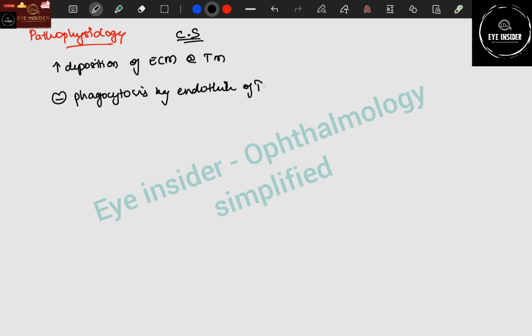They inhibit phagocytosis by the endothelium of the trabecular meshwork, thereby increasing the waste material. They reduce the expression of extracellular matrix proteases, which are fibrinolytics and matrix metalloproteases.